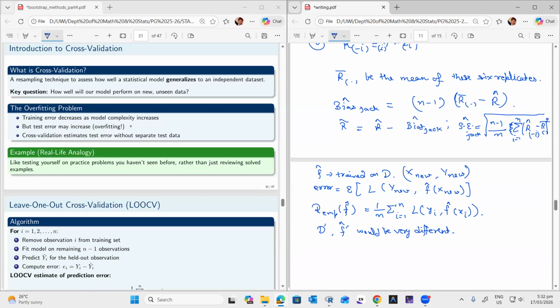So the expected generalization error can be decomposed as the expected value of y minus f cap of x, whole square, equals irreducible error plus bias square plus variance.